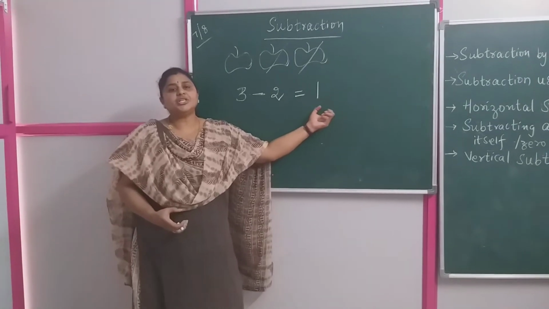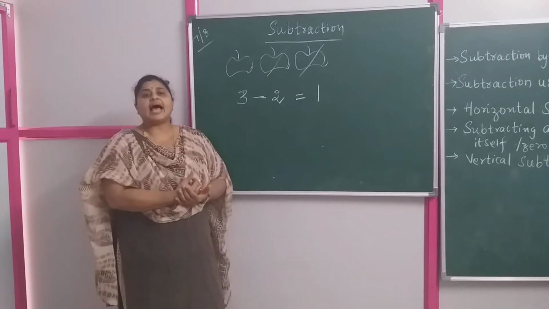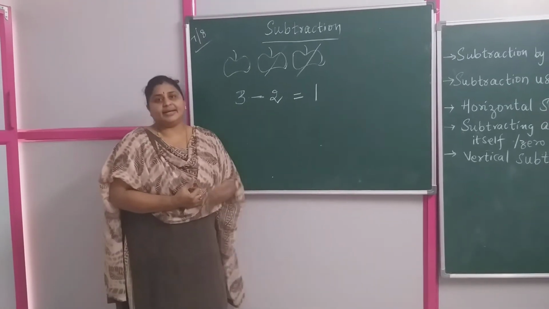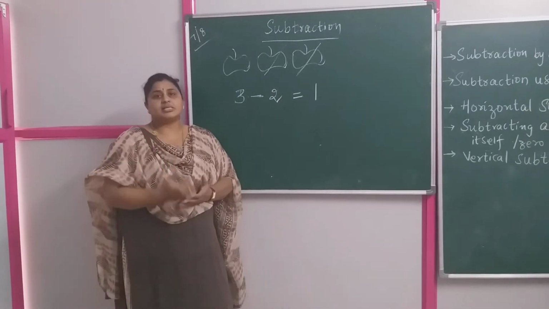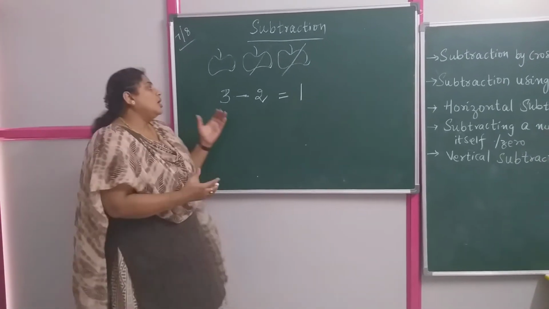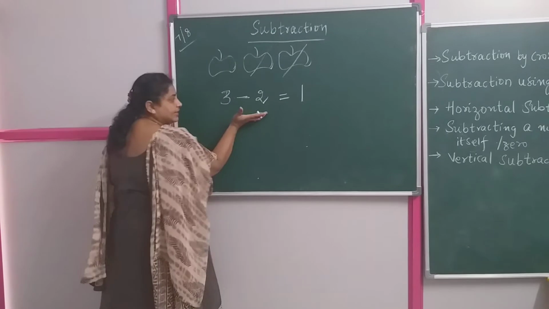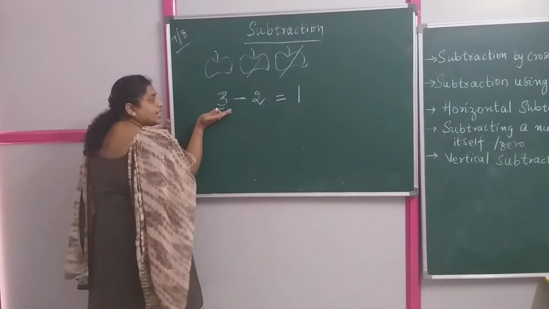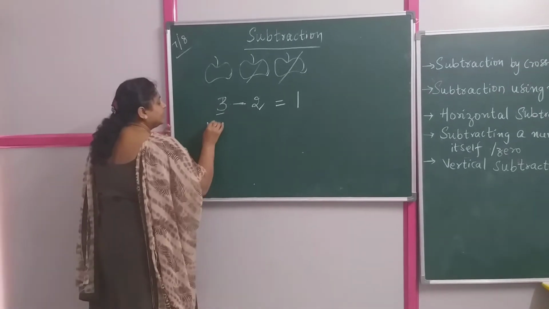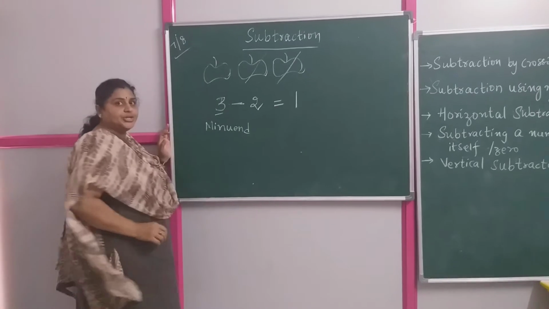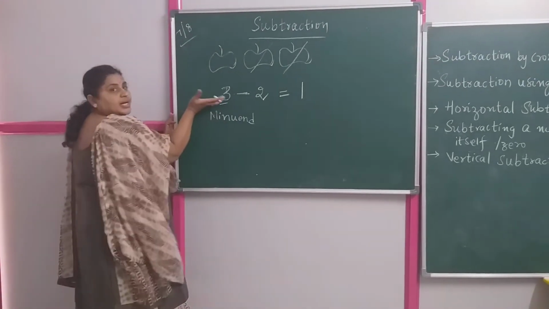Now we learned in addition that the numbers we are adding are called the addends, and the answer we are getting in addition is called the sum. Therefore in subtraction also, the number 3, the bigger number, is called the minuend. What do you call that number? Minuend.